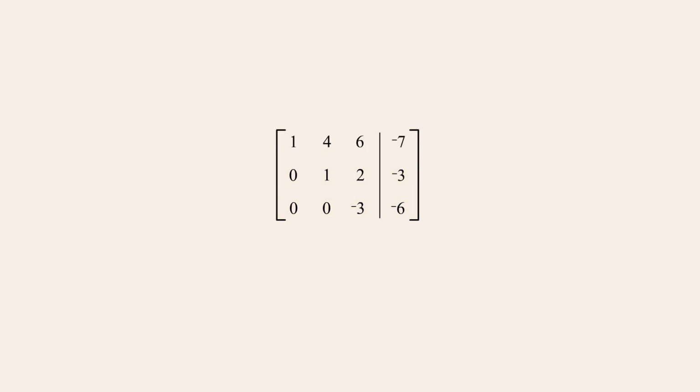Now that the entry below the 1 in the second column is 0, we move on to the third column. The matrix is now almost in row echelon form. Each leading entry is located to the right of the leading entry above it. To complete the process, we only need to change row 3's leading entry to 1. This can be accomplished by using another scale operation to multiply row 3 by -1/3.